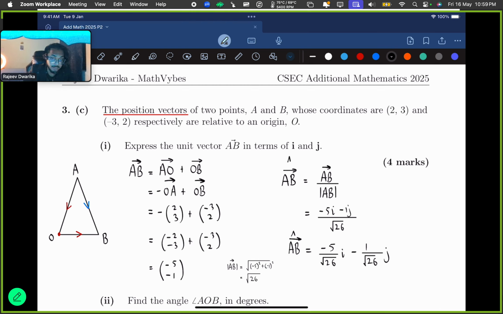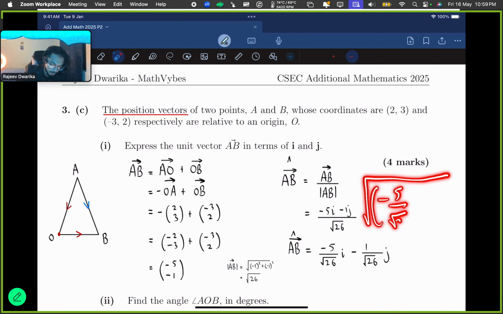The magnitude is the length. So you would say the square root of minus 5 over root 26 squared plus minus 1 over root 26 squared. Do that and verify that you're getting 1.